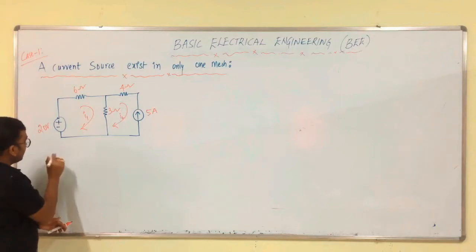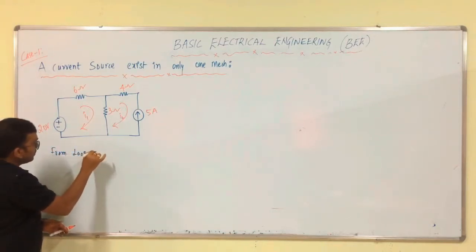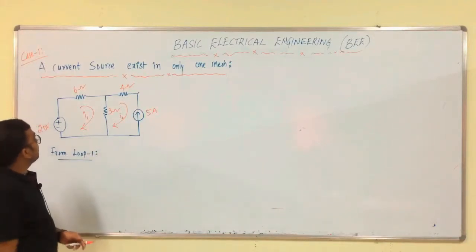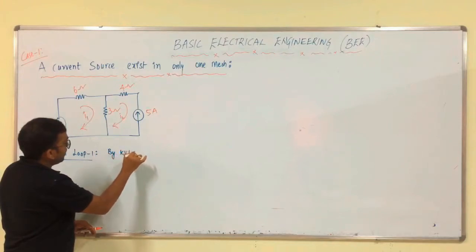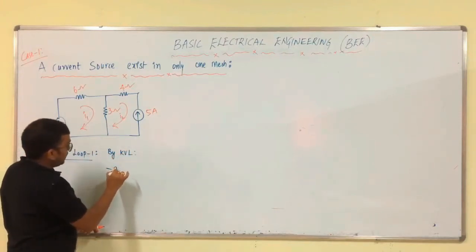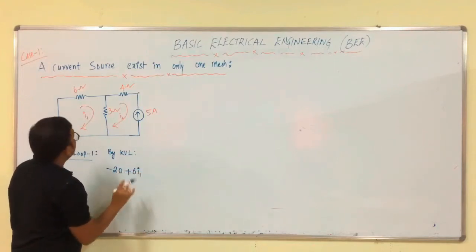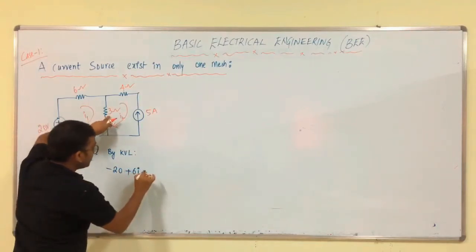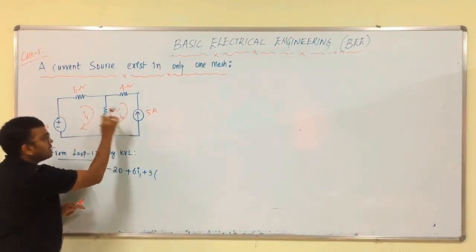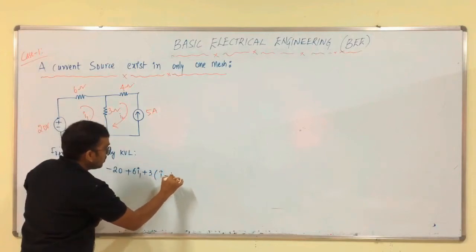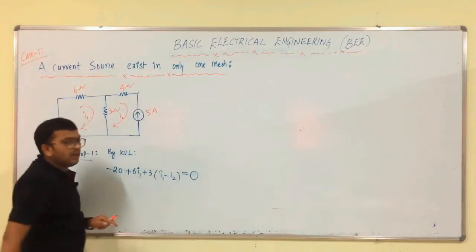Then from loop 1, by KVL: minus 20 plus 6 I1, coming to this branch, 3 into, with respect to loop 1, so I1 minus I2, which is equal to 0, no elements are present.